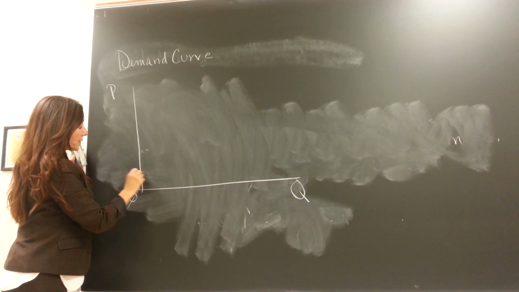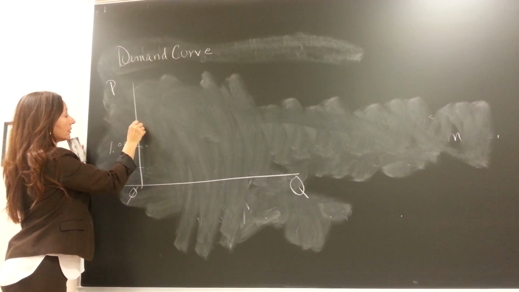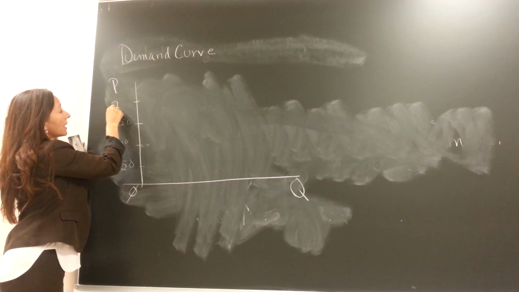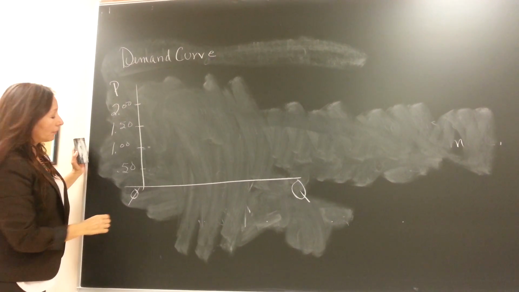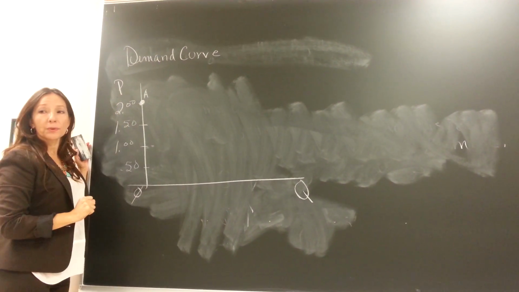So we have price of 50 cents, $1, $1.50, and $2. And we know that at $2, 0 ice cream cones are going to be demanded.